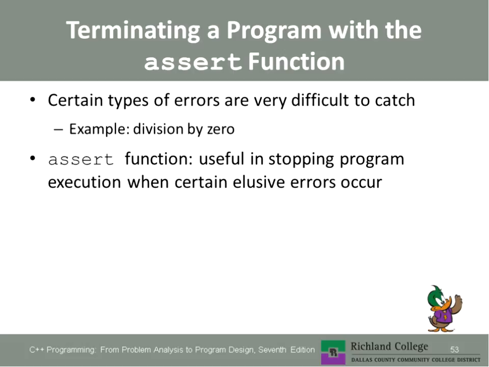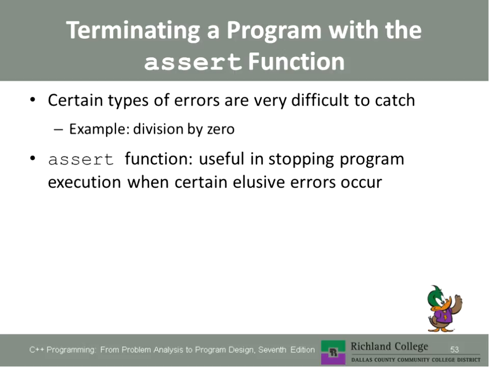Now, what is dangerous about this? Why is this dangerous? This is dangerous because we cannot test what the user is going to type in, and we know that if the user types in 0, 5 divided by 0 is undefined. As long as the user types in any other value than 0, this will work.